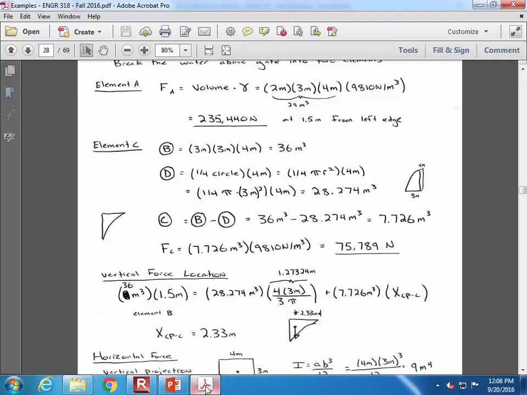C is what's left over. And so we can know the location, the distance to the force from the edge, and then we can also find the area and solve for the unknown force location.